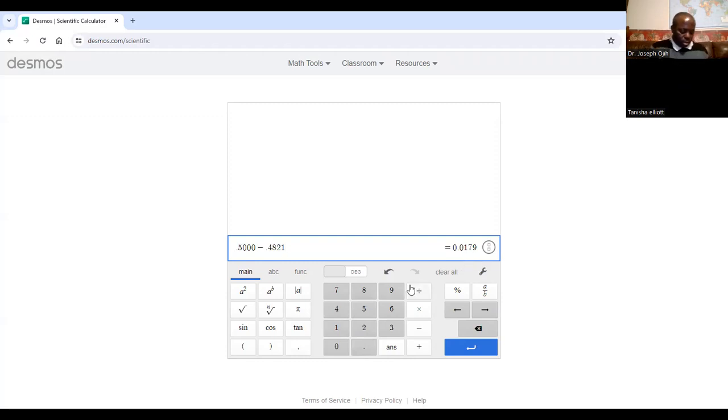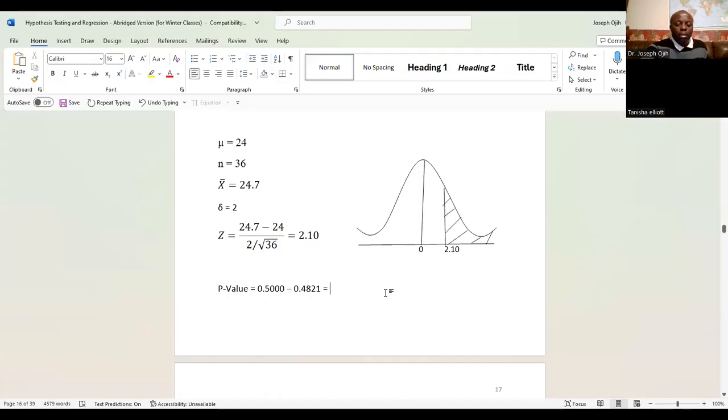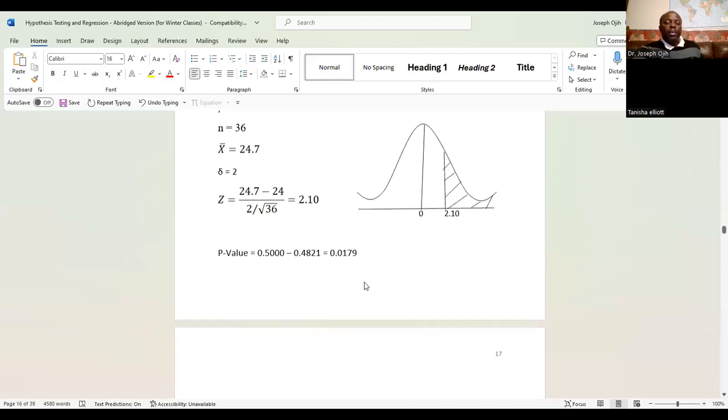Write it down. P-value equals 0.0179. That's our p-value. Now let's make our decision.